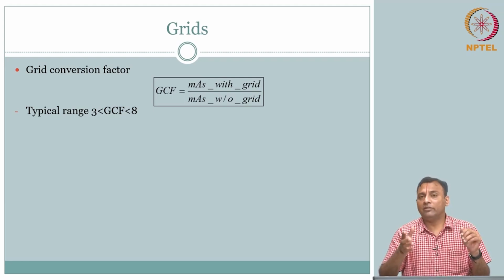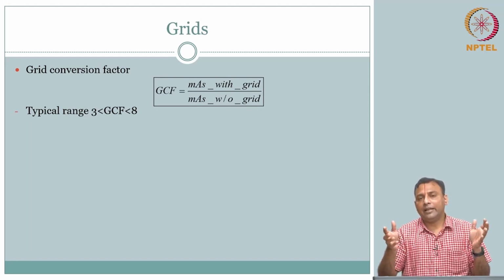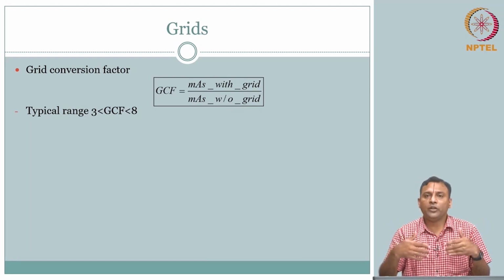Another rule of thumb is that whenever you are operating the X-ray tube at greater than about 60 kilo electron volt peak, that time you want to introduce this grid.